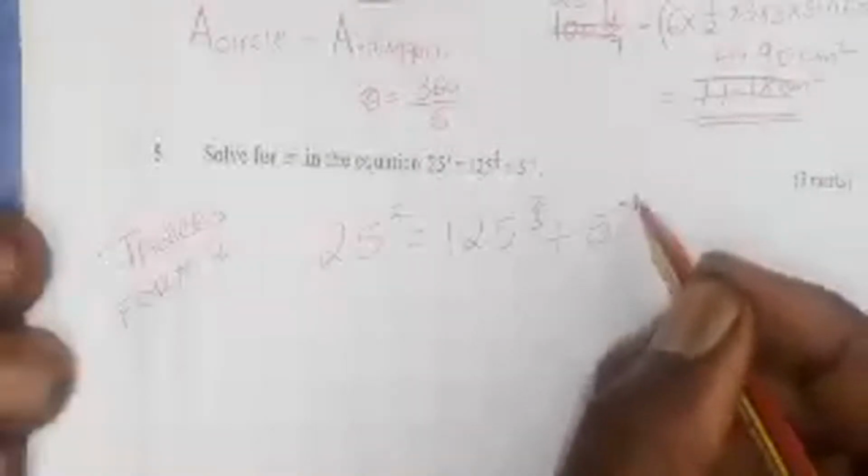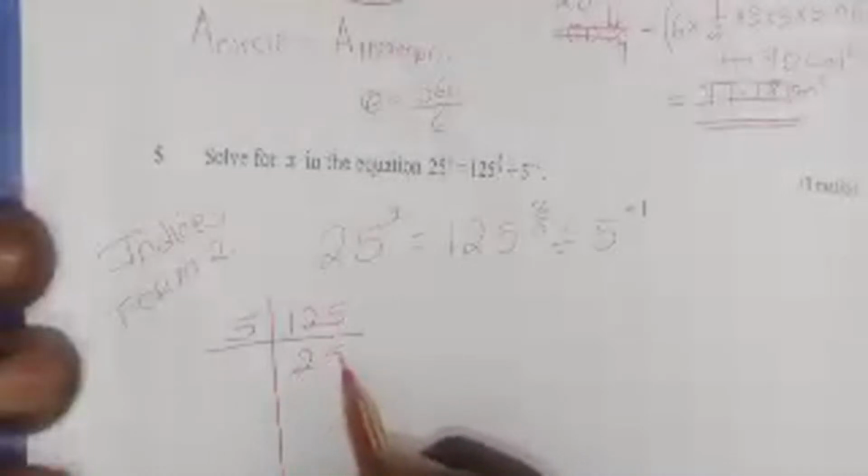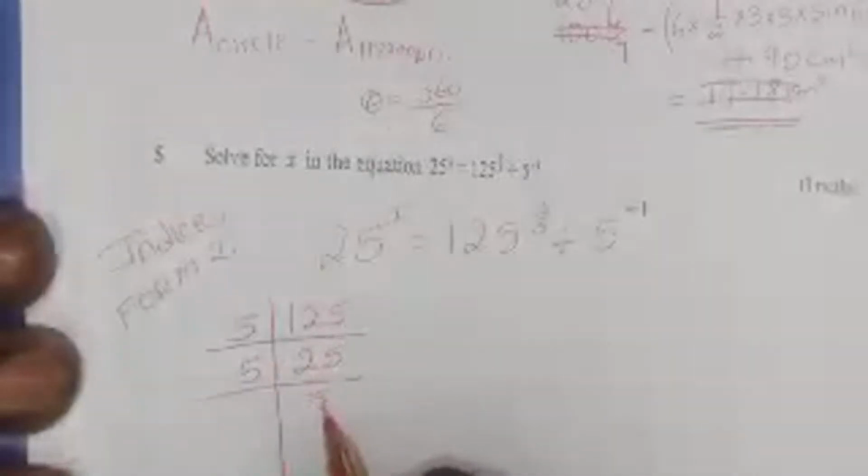For indices, we are first supposed to make the bases the same, since the sign here is division. Let me write the equation again. So let us make the base the same, starting with the bigger one. We have 125. Therefore, 5 divides 25 5 times, and 5 1.